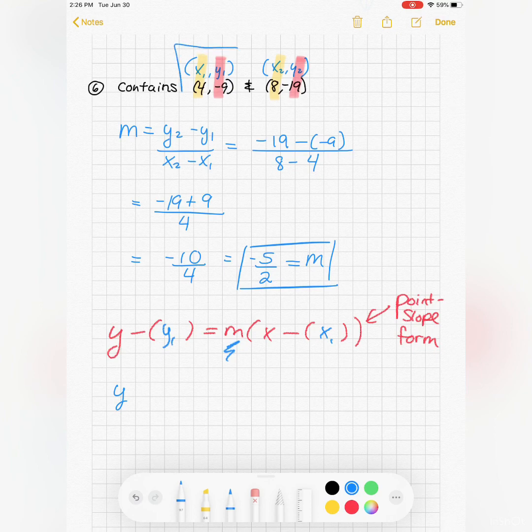Okay, so just my pair. The y1 was negative 9, m was negative 5 halves, x1 was 4. Do the algebra. Distribute.